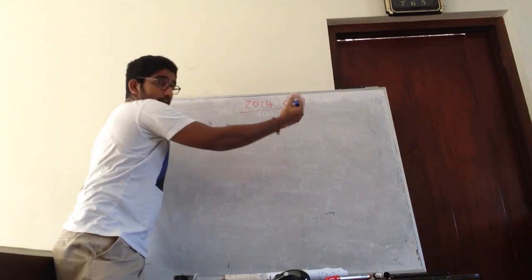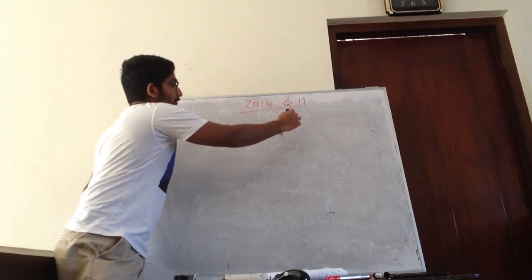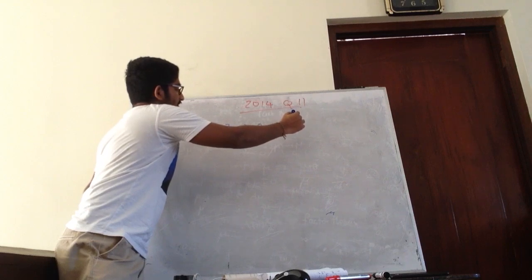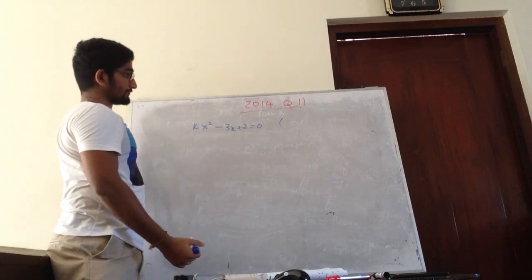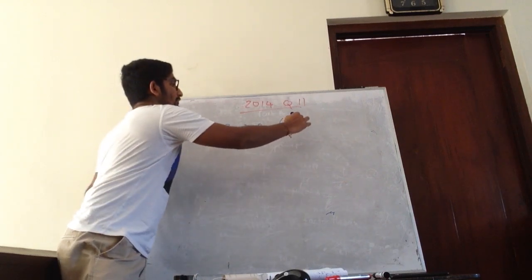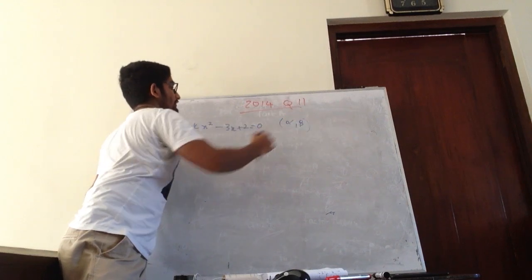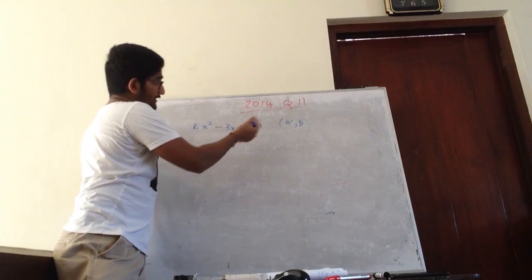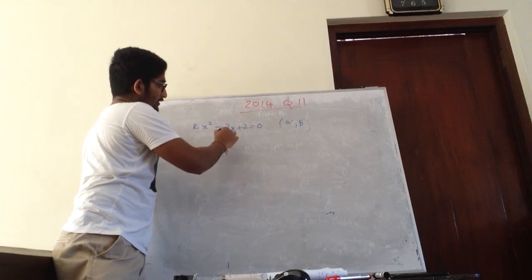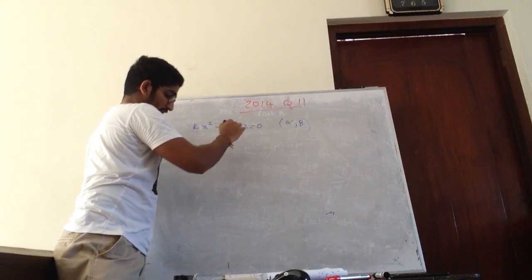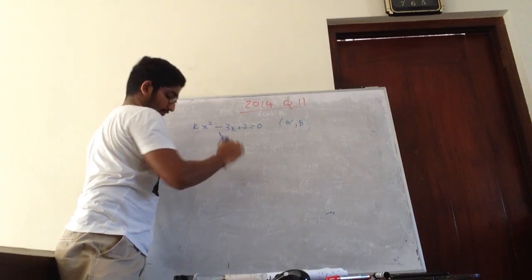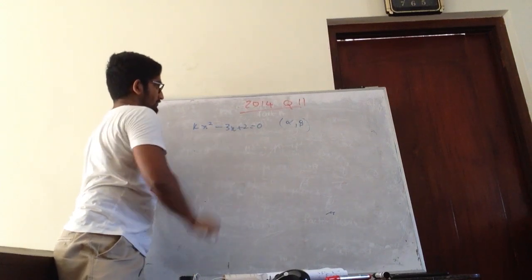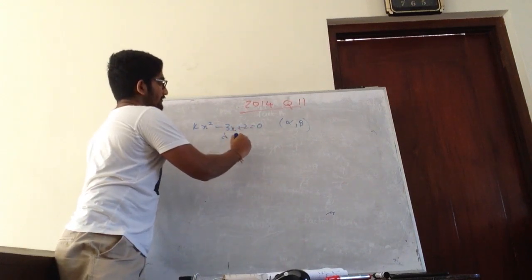Now I will assume that the roots are alpha beta here. And I'll assume that the root ratio is lambda, which is basically alpha over beta.